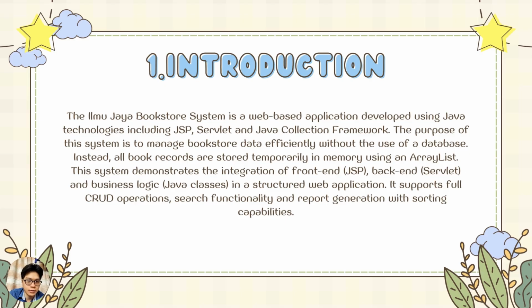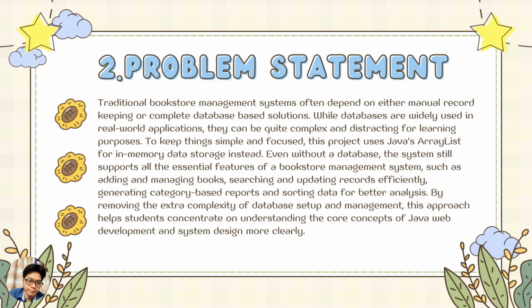This system demonstrates the integration of front-end JSP, back-end using the servlet, and the business logic using Java classes in a structured web application. It supports full CRUD operations, search functionality, and report generation with sorting capability.